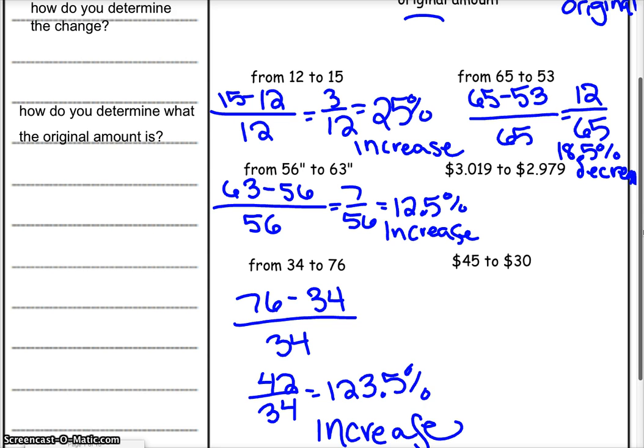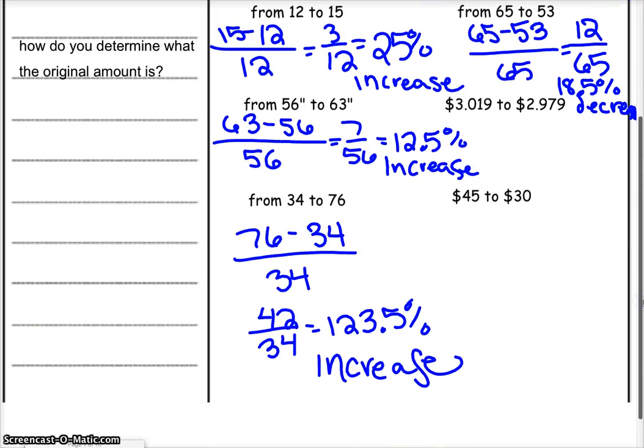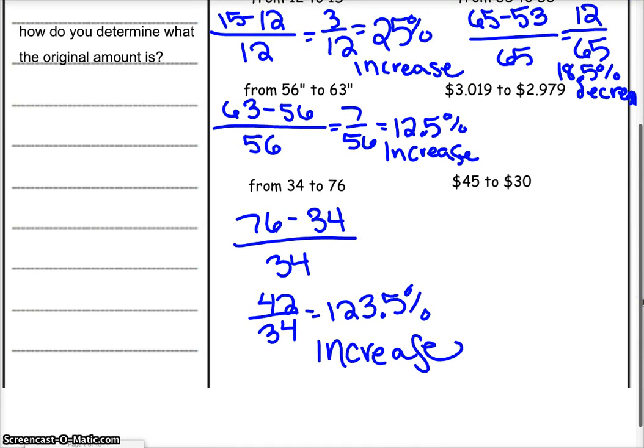And let's analyze your money situation. Let's say you have $45 and then you spent some and now you only have $30. What percent change happened? Big minus small over original.